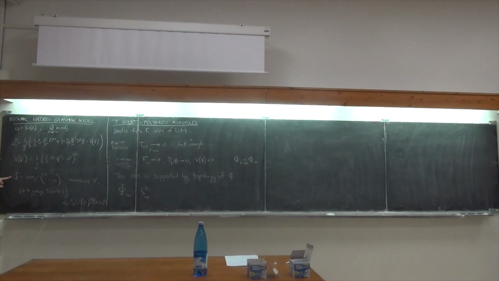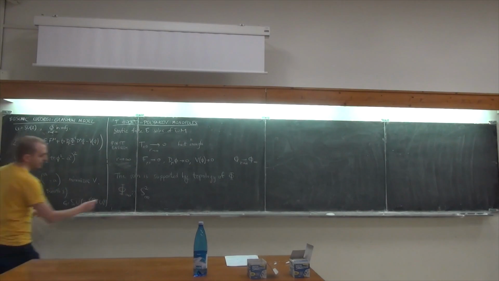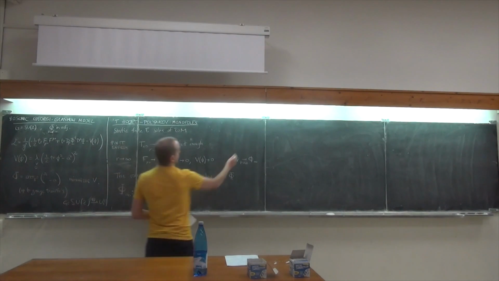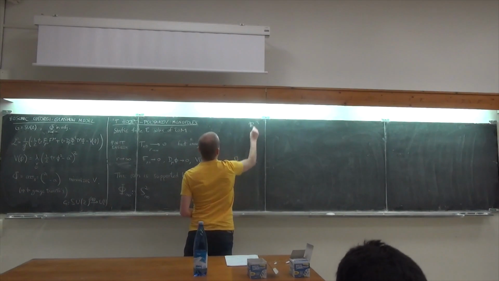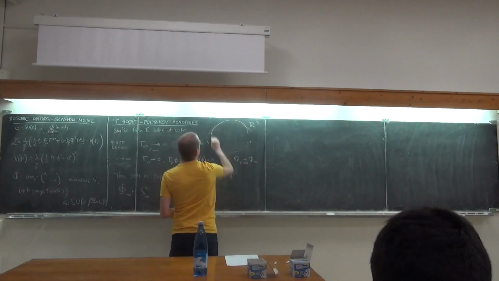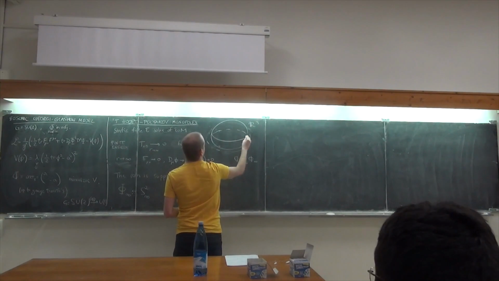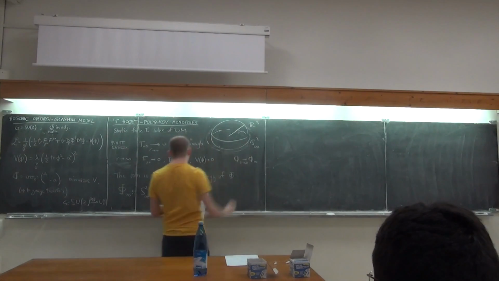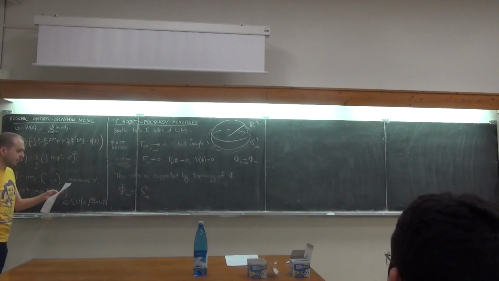And so the configuration of the scalar field phi at infinity will define a map from the two-sphere at spatial infinity. So again, this is R3, and this is the two-sphere at spatial infinity, and this is r. Okay.